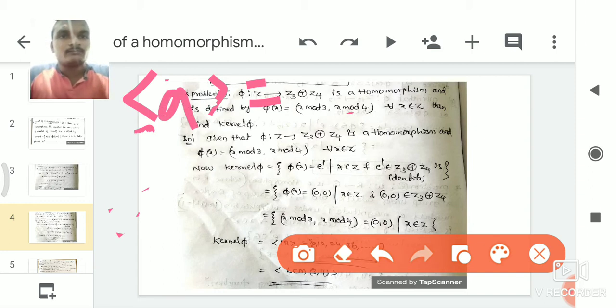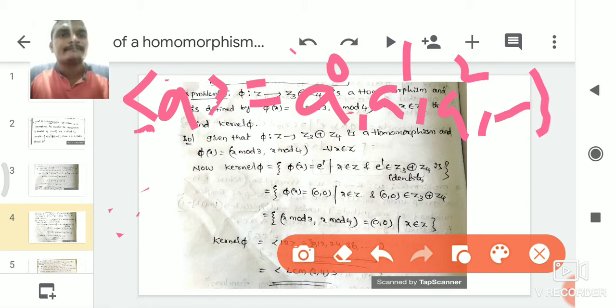With respect to multiplication, generator of A is equal to A power 0, A power 1, A square and so on, which is generator of A with respect to multiplication.